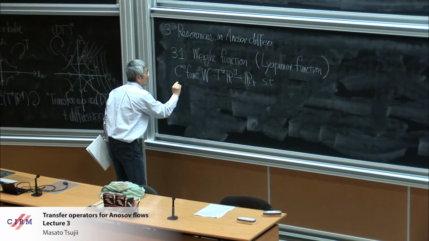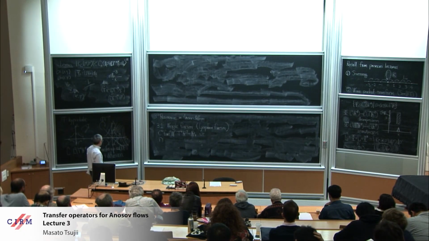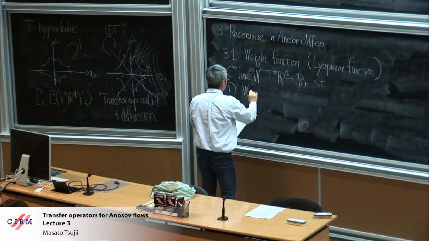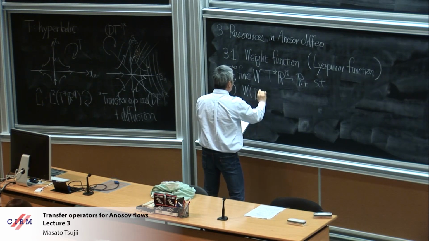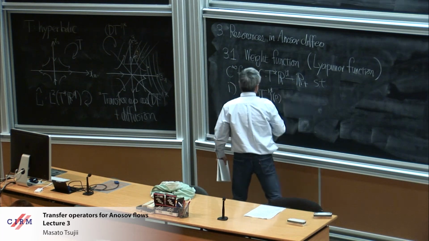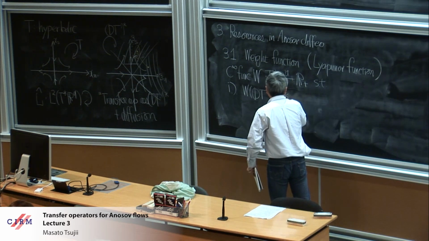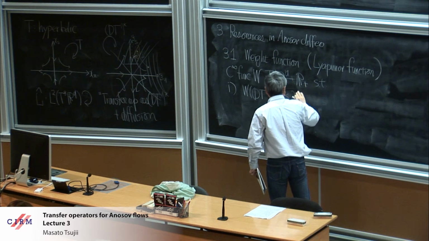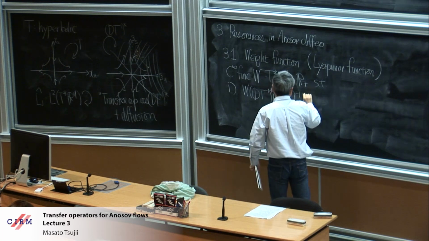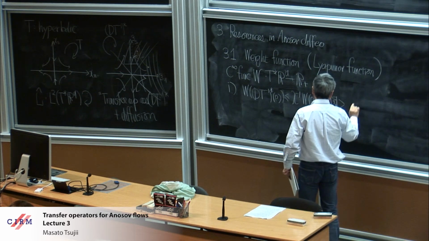The first one is that this is a Lyapunov function for the flow induced by this action on the cotangent bundle, but in some exponential or multiplicative sense: W of the image of rho is bounded by C^-1 times W of rho.